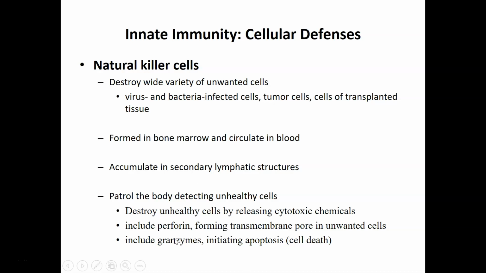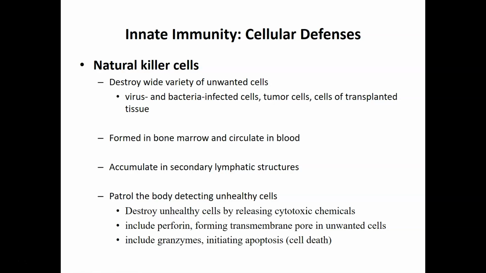Now, the way they kill abnormal cells is they release a 1-2 punch of chemicals that include one type of protein called perforin. Perforin punctures holes in the abnormal cell. And then the second punch, I guess, is a type of enzyme called granzymes.